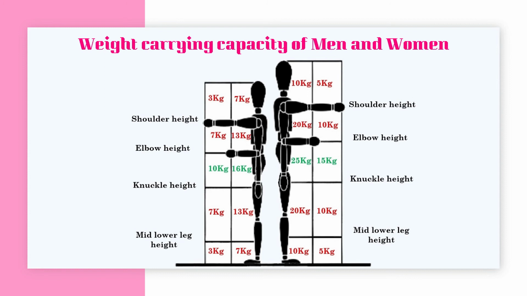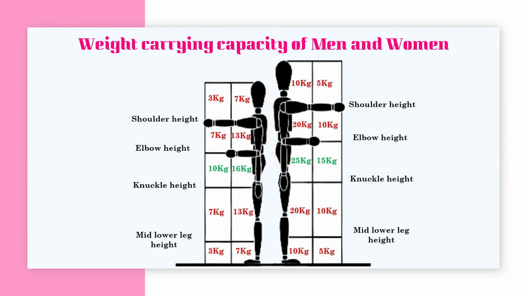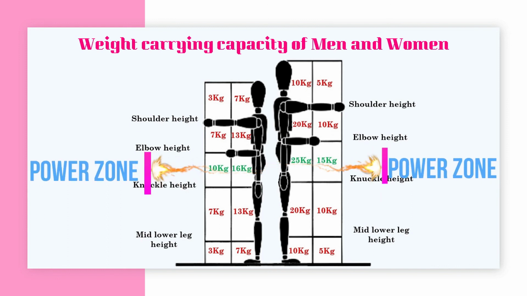Near the center of gravity, we will call it our power zone, because that is where our power is to handle the load in a safe manner. In the power zone, the carrying capacity of women is 10 to 16 kg, and that of men is 25 to 15 kg, and as we go lower and lower, the carrying capacity comes down.